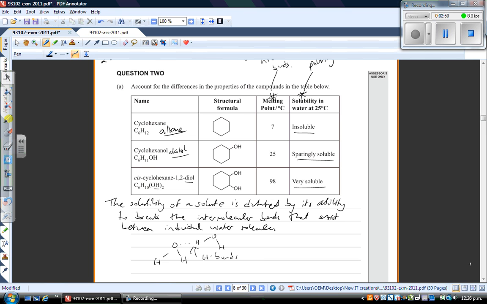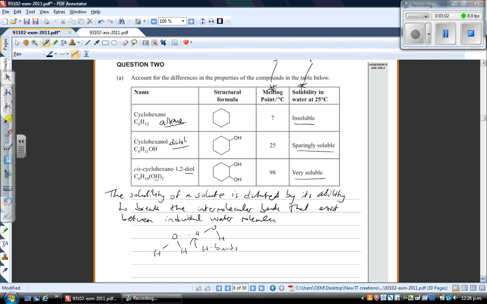This is possible for the 2 alcohols, because they can compete with those hydrogen bonds, whereas the alkane has no chance. Also, water is a polar solvent and likes to interact with polar solutes.